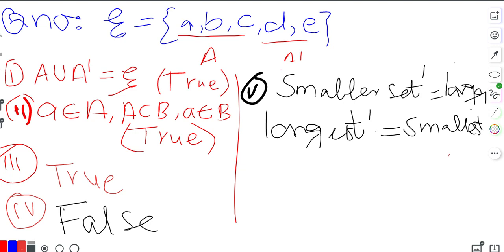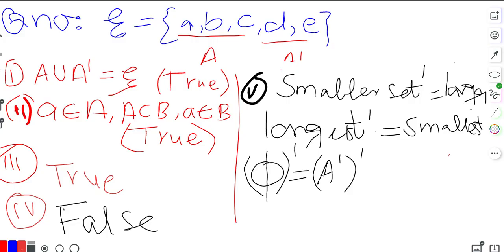Phi is the smallest set, and it is equal to A complement. If we take the complement again, the complement of the smaller set is the largest set, and the largest set is the universal set. The complement and complement cancel, and this is the set A.